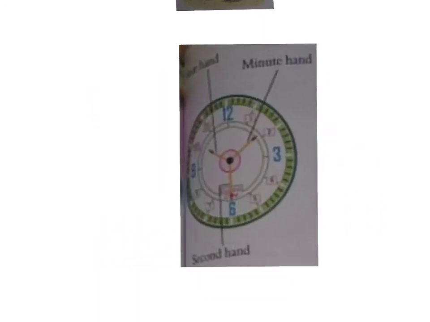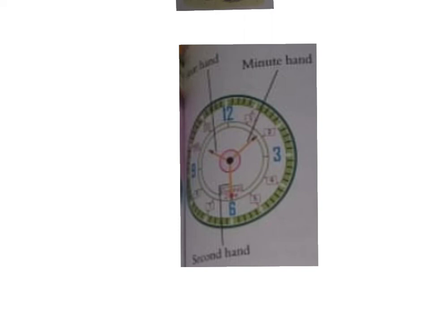Dear students, do you know how to read the time? Yes or no? Yes. Dear students, we have watches and clocks that tell us the exact time. This watch has a second hand, a minute hand and an hour hand.